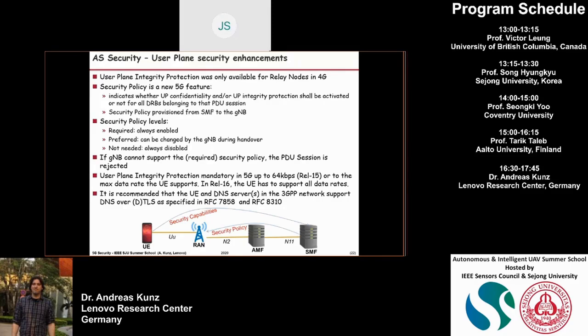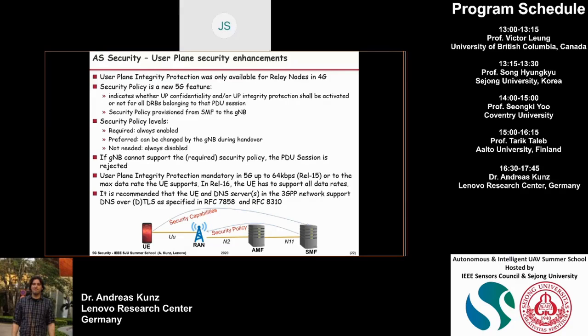And then we have this new feature now in 5G, and it is indicated to the G-Node B with a security policy on a PDU session level. So when the UE asks for a PDU session, then the SMF will query the policy control function for the security policy, and the security policy will then say what to apply for this specific PDU session.